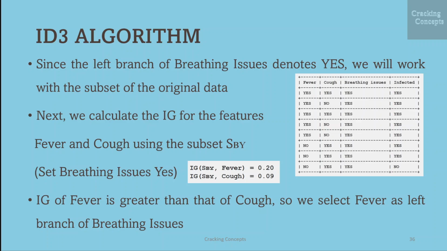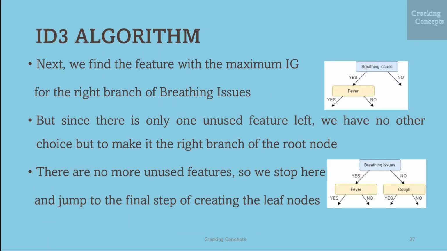And then we'll see the values as 0.2 for fever and 0.09 for cough. Now the information gain for fever is greater than that of cough, so we select fever as the left branch of breathing issues. Now the tree will look as it is shown in the top figure.